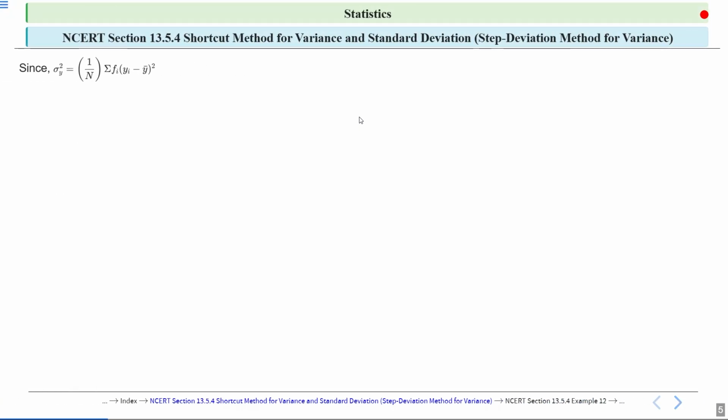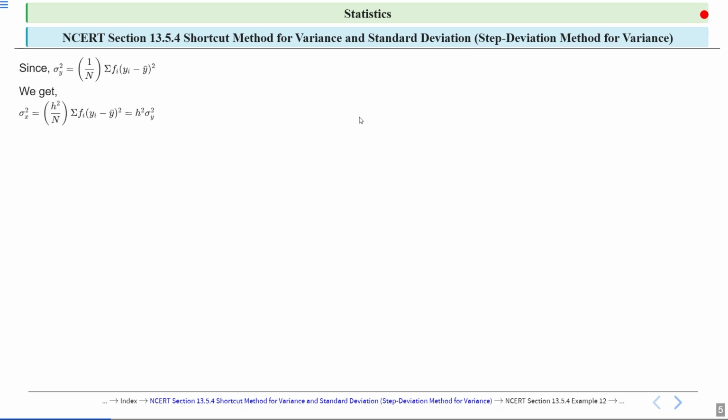Since sigma y square equals 1 divided by n times sum of fi times (yi minus y bar) whole square, here sigma y square is the variance of y and n is the total frequency. fi is the frequency of the ith class, yi is the step deviated value for the ith class, and y bar is the mean of y.